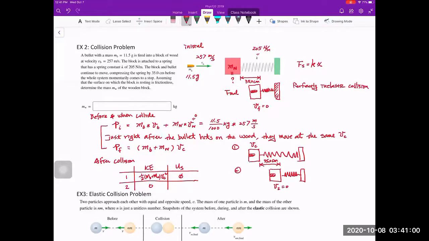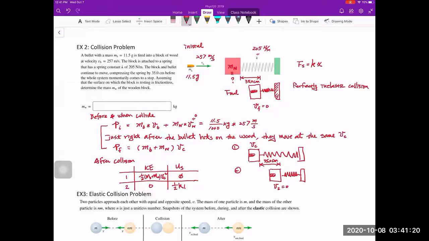What about the final? Well, for the final, they told you the distance is 35.0, and that's in centimeters. Then you convert into meters, and you use the potential energy for the spring, which is 1/2 k x squared.